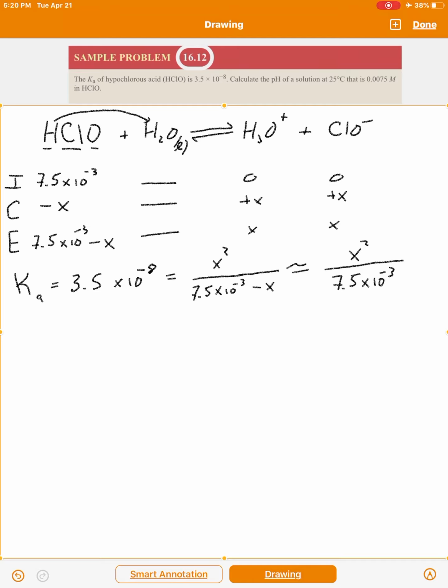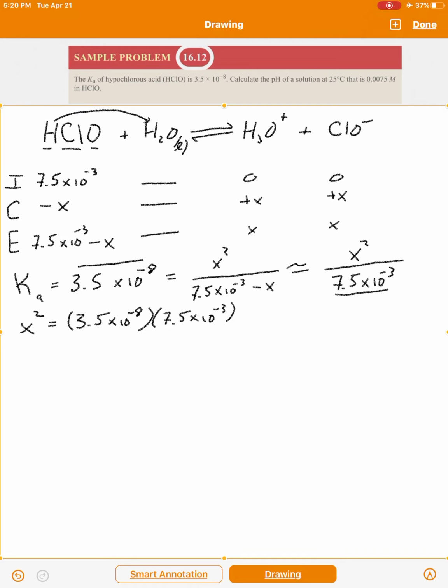Multiply both sides by 7.5 times 10 to the minus 3, and that will give us X squared. We're taking the value of the Ka here, multiplying it by 7.5 times 10 to the minus 3. Okay, so 3.5 times 10 to the minus 8 times 7.5 times 10 to the minus 3.